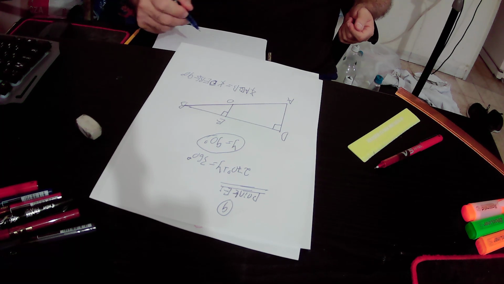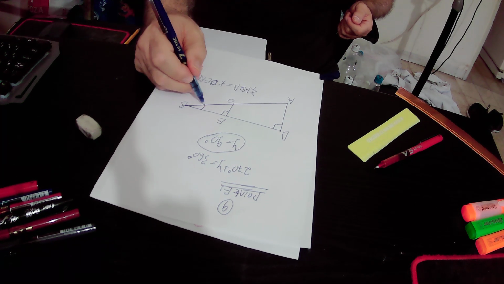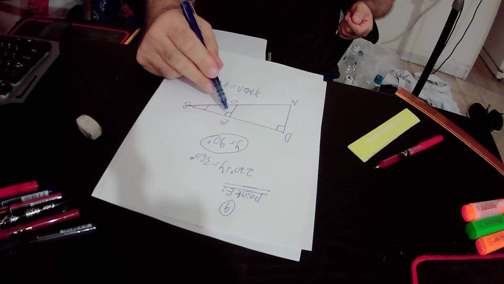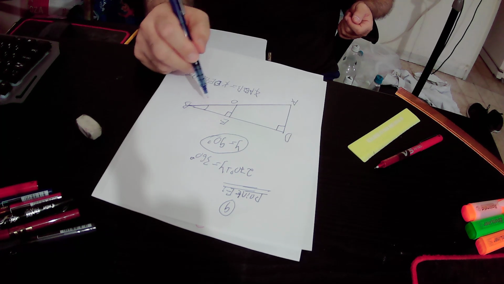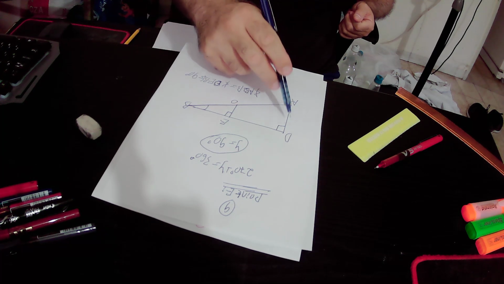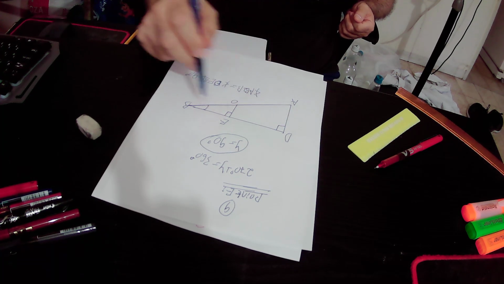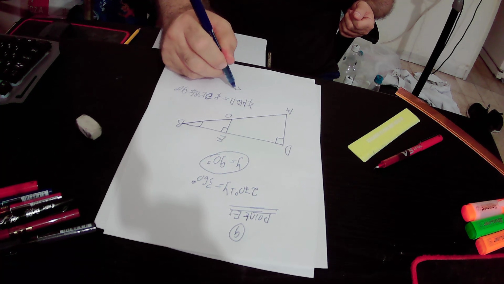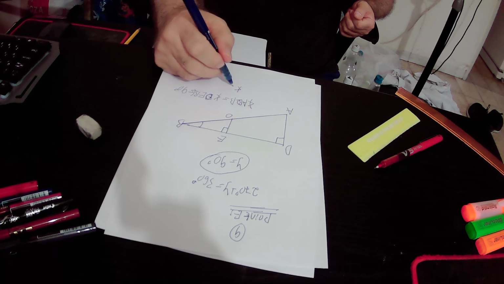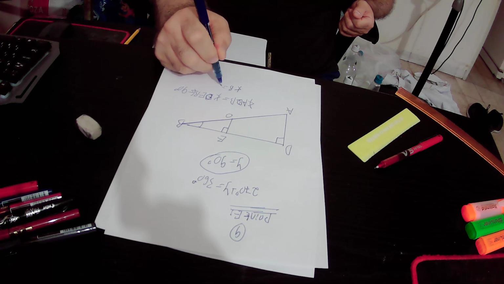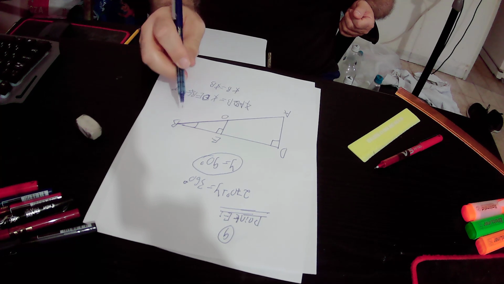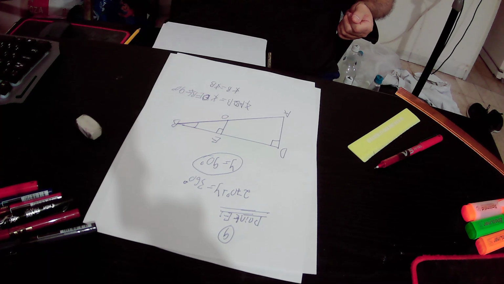And also we have here a common angle. Angle B belongs to the small triangle, triangle OEB, and angle B also belongs to the big triangle, triangle ADB. Therefore, angle B is a common angle equal to angle B, because it belongs to both triangles.